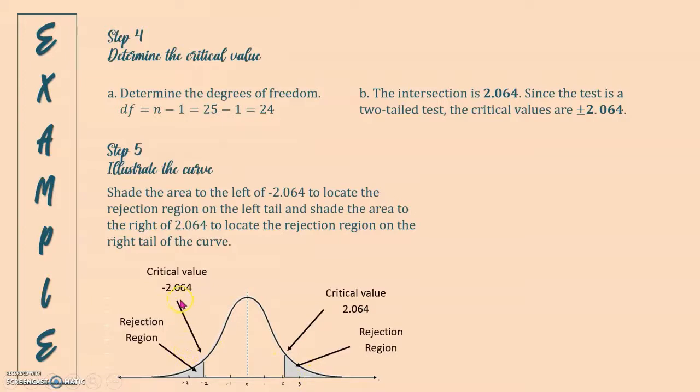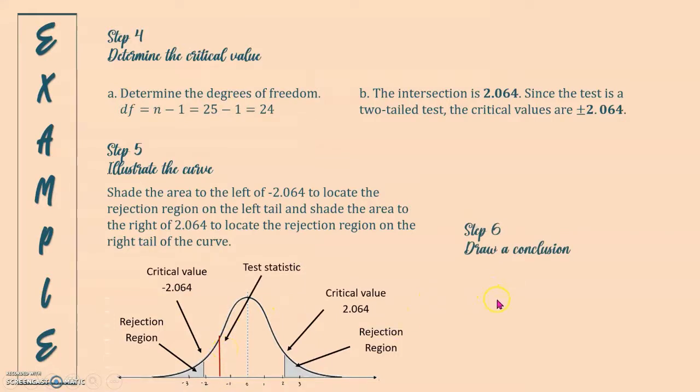Now that we have already identified our rejection region, let's locate where our test statistic is. Since our test statistic is equal to negative 1.39, then our test statistic is approximately located here. And we see that our test statistic is located in the non-rejection region.